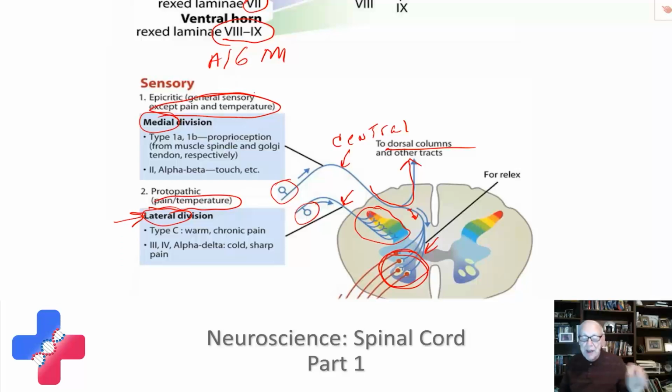So remember on the exam, when you have a dorsal horn lesion, you're primarily affecting pain and temperature processing and not touch, vibration, and the others. So again, notice there's a lateral and medial division between the two different sets of sensory modalities.